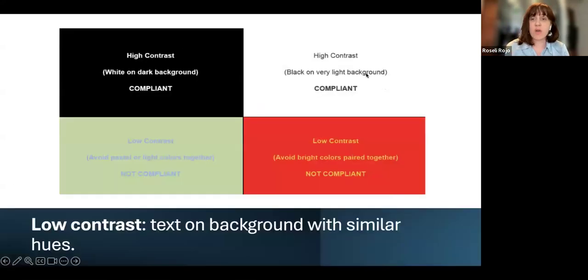Then this is related to contrast. I will share at the end of the presentation particular pages in which we can double check that the contrast that we are using is appropriate. So I have brought 4 examples. In the last two, of course, the foreground is in a color that is almost impossible to see.